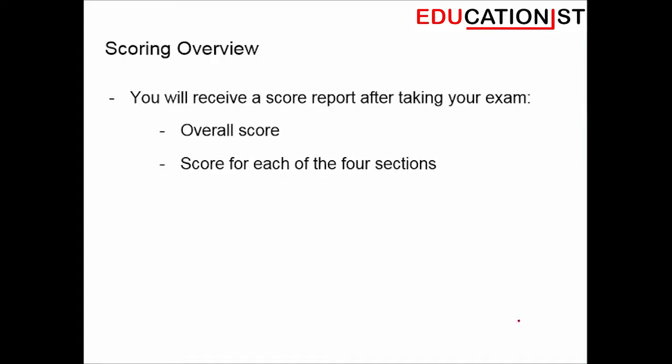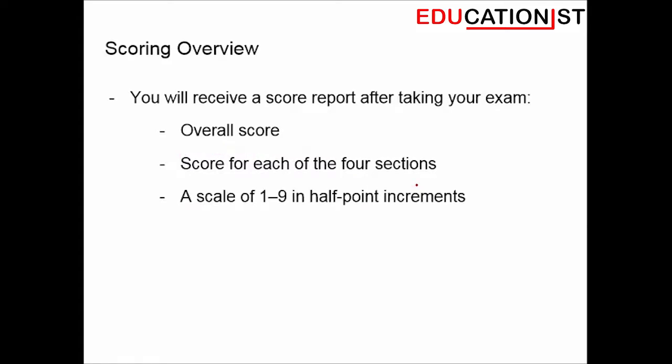Your overall score is really your average score from the scores you receive in listening, reading, writing, speaking. Okay, I'm going to describe that a little more in detail later in this lesson. For now, just know that you'll receive all of those types of scores after you take the exam.